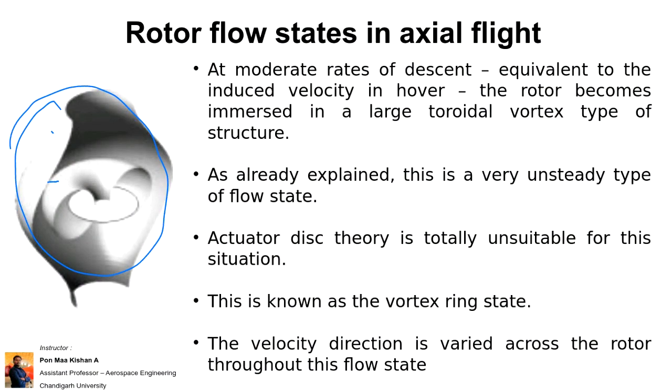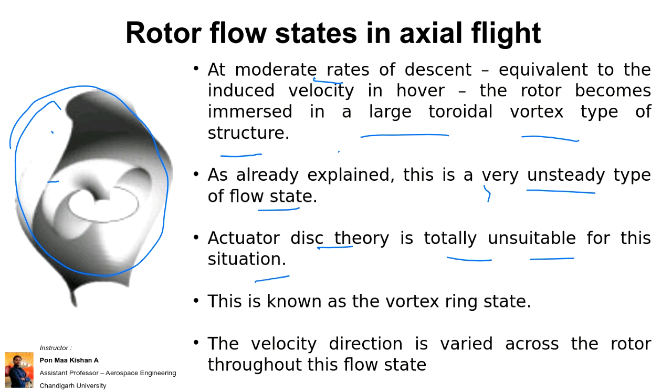A large toroidal vortex type of structure is formed for a moderate rate of descent. There will be an unsteady type of flow state, and actuator disk theory is totally unsuitable for this situation.